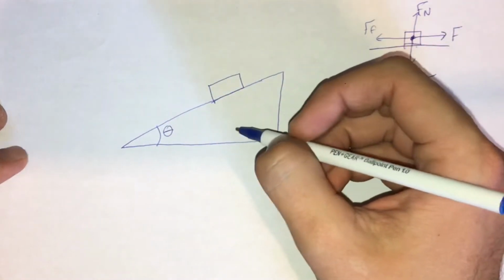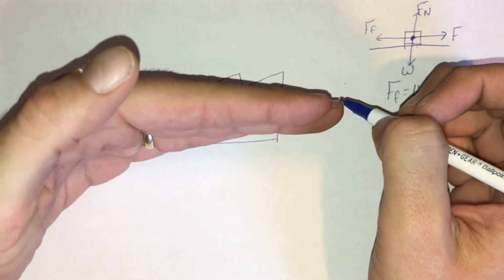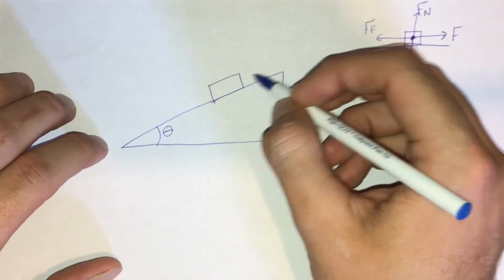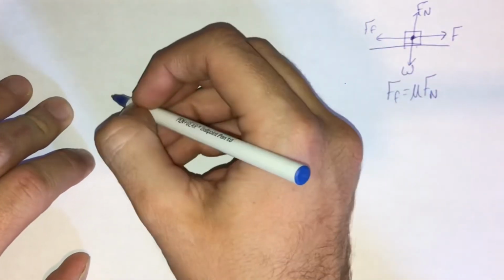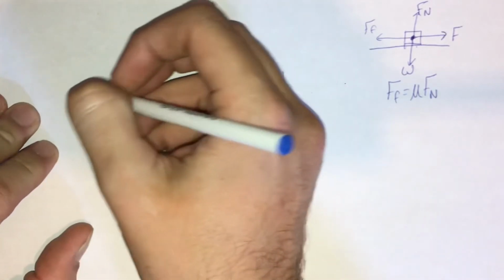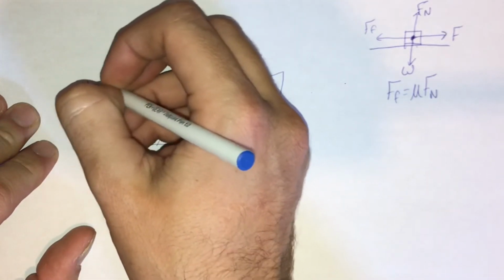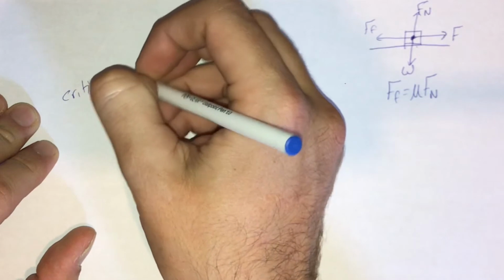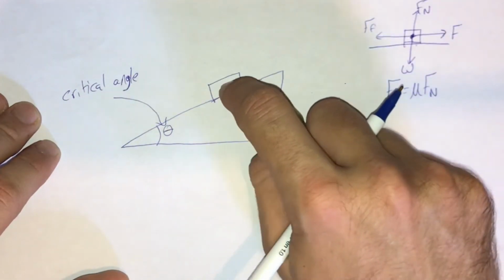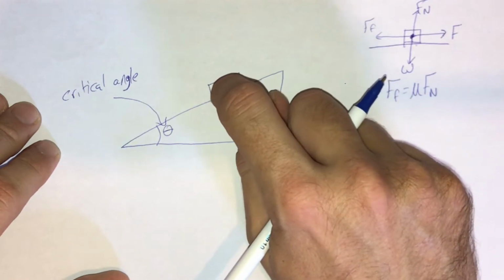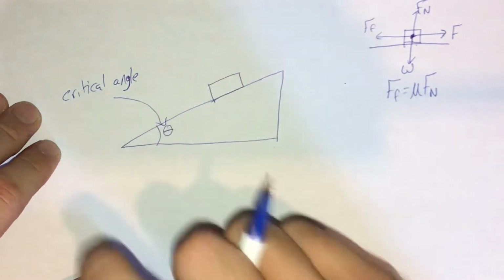As we increase this angle, there's going to be enough friction to keep the block stationary, but there will be a point, which we'll call the critical angle, which is the angle just when the block's component of weight down the ramp causes it to accelerate and move down the ramp.